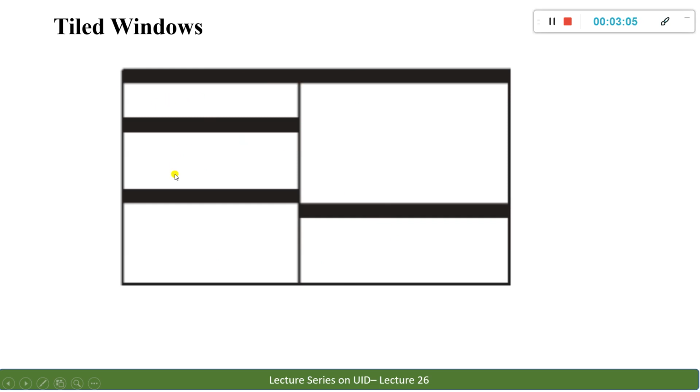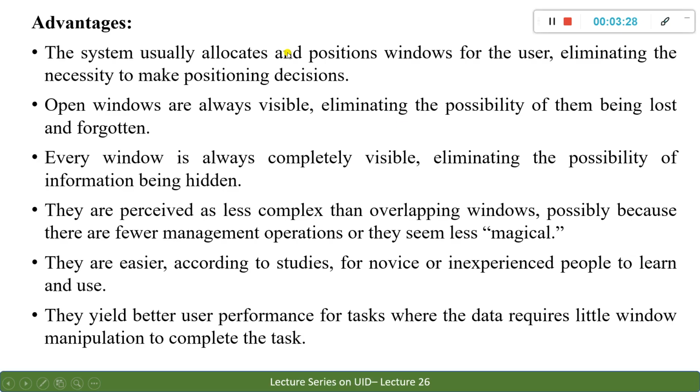So you have information here, here as well as here. So you can have information displaying parallelly. These windows would never close unless you minimize them. So the windows cannot be removed by the user. So the user has less control on this part. So this is how tiled windows look.